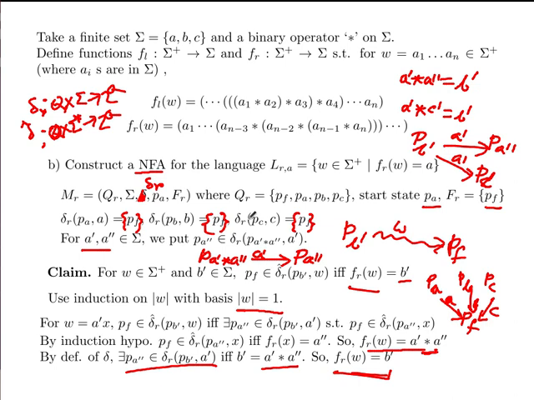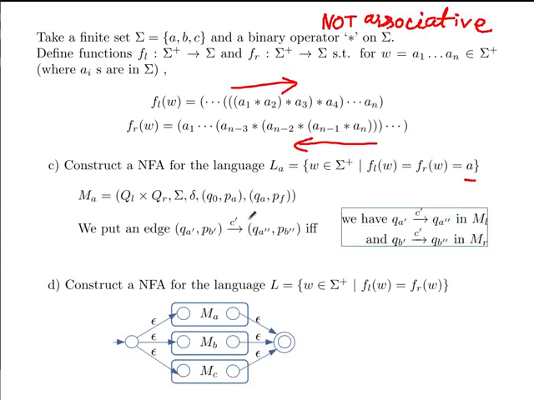Okay, so we have that. Now we are taking pairs of those states as a state in this automata. The idea is that this automata will simultaneously capture the run of these two automata, ML and MR.